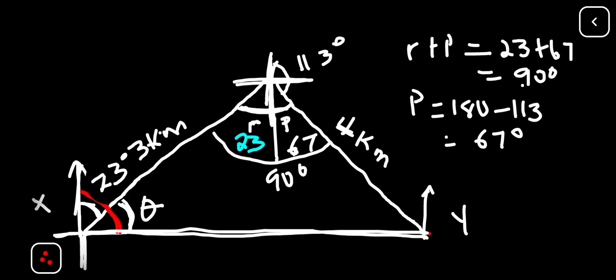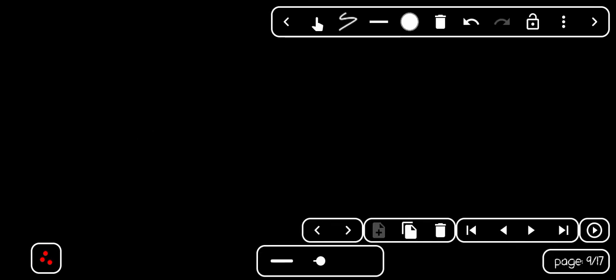Now that we know this, we can use SOHCAHTOA to find theta, this theta here. We have 4 here as opposite to the desired angle, and 3 here as the adjacent. Opposite over adjacent will give you tan theta. So tan theta, remember it's theta we're looking for first before the bearing, is equal to 4 over 3.